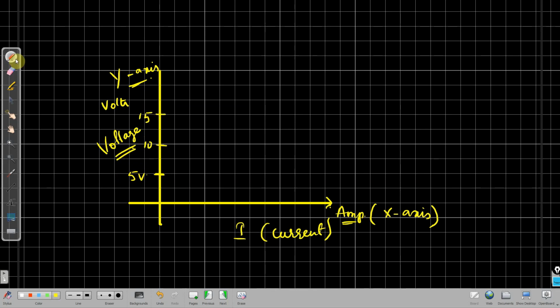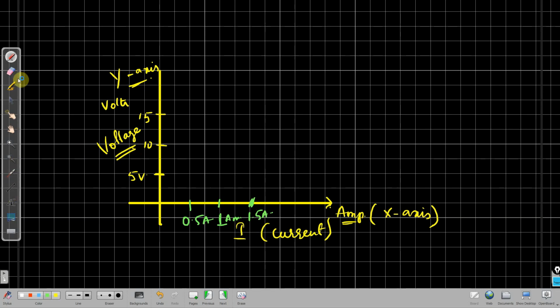All right, no problem. Next, let me have a look at the current, and let me take 2 units of current as 0.5 amps. Each unit is nothing but 0.25. 2 units is nothing but 0.5, and here 1 amp, and for these two I am going to plot 1.5 amps. Let me draw the graph.